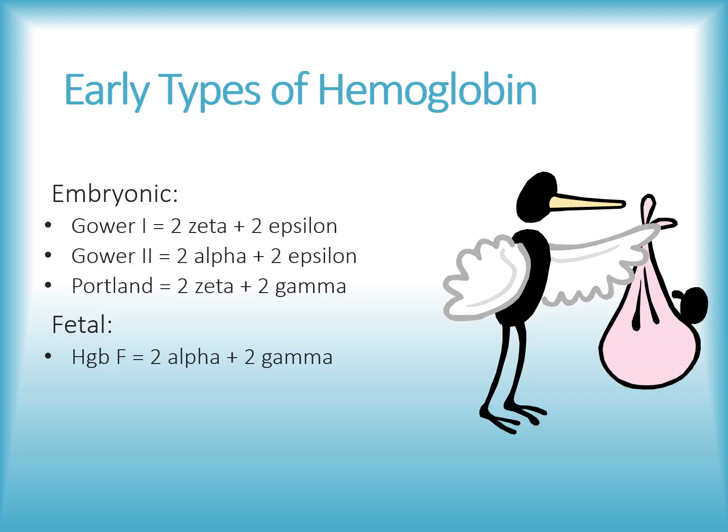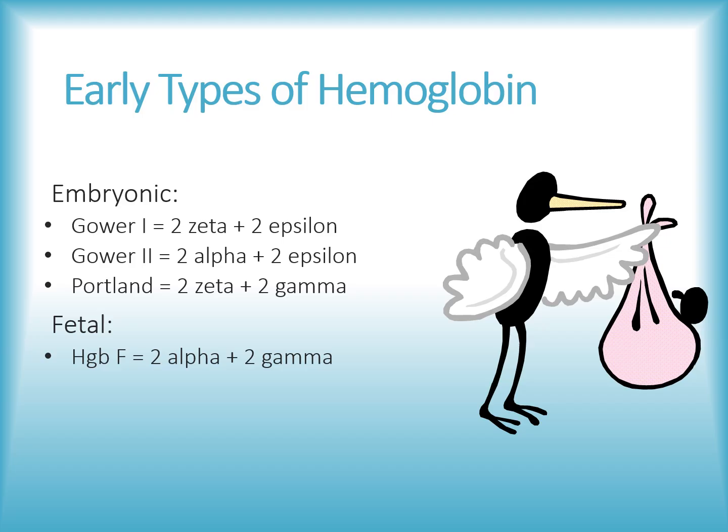So instead of the alpha and beta chains, we have zeta and epsilon. Next, Gower 2, which is 2 alpha and 2 epsilon. So now you've seen that transition from zeta to alpha. They both have 2 epsilon chains, but we're kind of moving forward. And then we also have Portland, which is 2 zeta and 2 gamma. It's kind of interesting there. Instead of alpha, it's back to zeta.